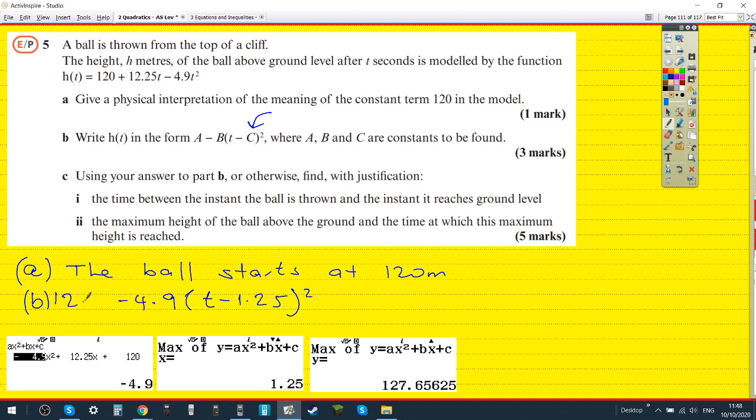Yeah, I was going to say 128. Yes. It's a bit confusing that they say A, B, and C. I wish they'd say D, E, and F or something, because here, little a, little b, little c are these numbers up here. Okay. Question C, part 1.